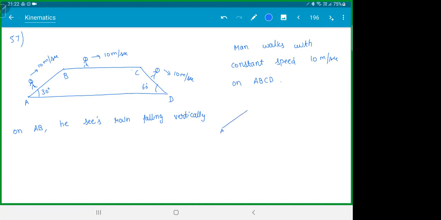Meaning on A to B when he's going, he thinks rain is falling like this. Whether it is falling or not is a different story.